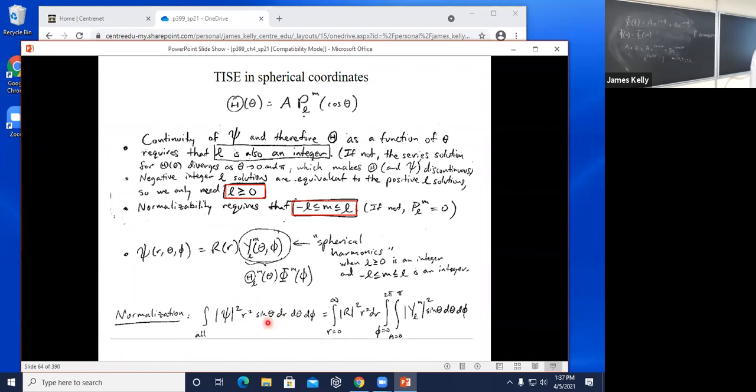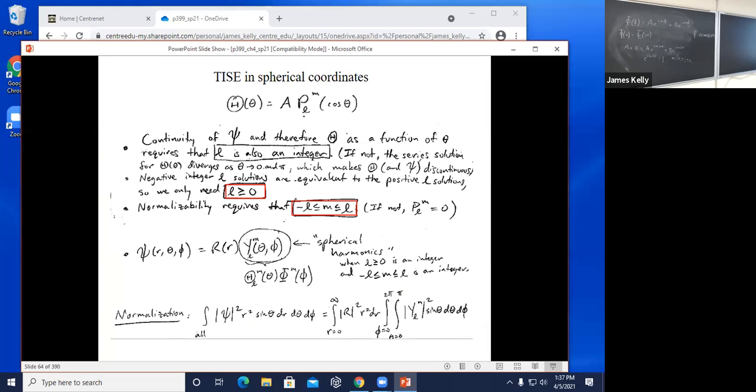And when we integrate over all space, we integrate R from 0 to infinity, phi from 0 to 2 pi, and theta from 0 to pi. And we can factor out the R part into an R integral and this angular integral. So our goal is to normalize these things and see, then at least we're partway towards normalizing our functions.